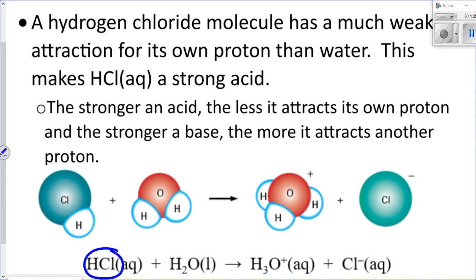The stronger an acid, the less it attracts its own proton, and the stronger a base, the more it attracts another proton. So HCl is not attracted to its own proton. It is readily going to give it up to water. And you can see that this doesn't even have an equilibrium arrow. That shows that the forward reaction is the greater than 99% yield reaction.